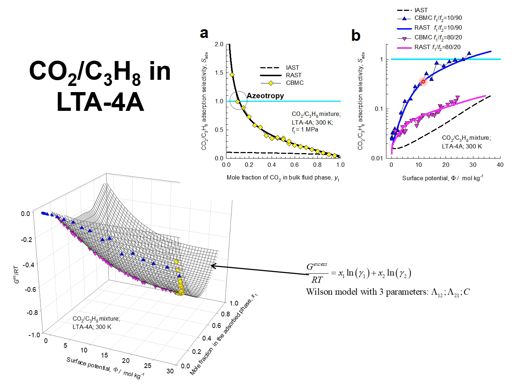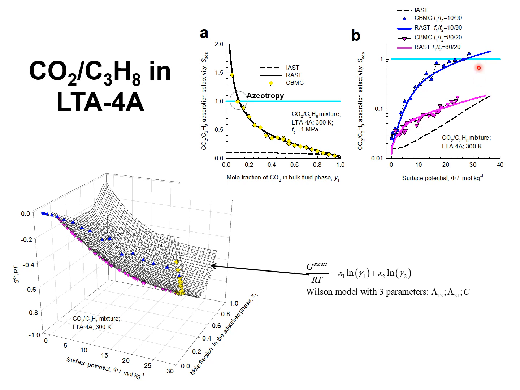The data shown by the blue triangles indicate selectivity reversals here at a surface potential of approximately 26 moles per kilogram. If the mixture has a composition of 80-20, such as that indicated here by the inverted pink triangles, the selectivity reversal is not experienced.